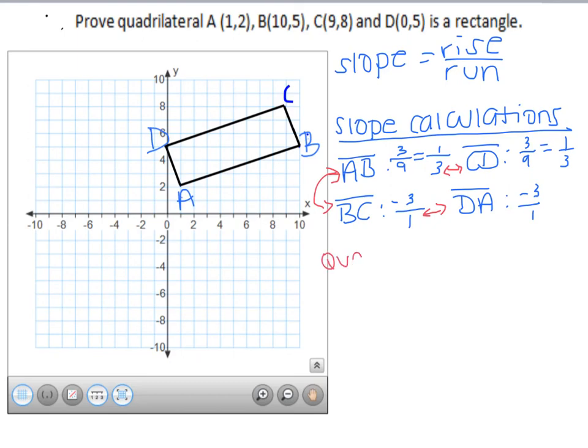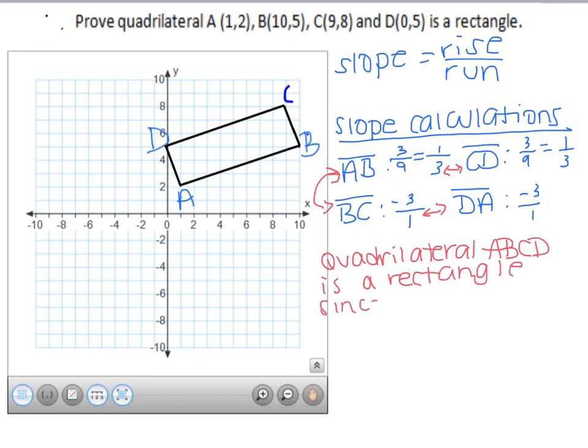Conclusion: quadrilateral ABCD is a rectangle. Since opposite sides are parallel, they have the same slope.